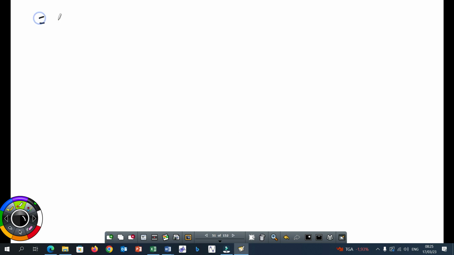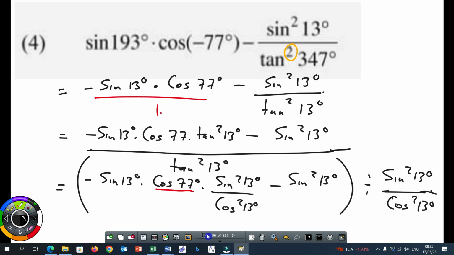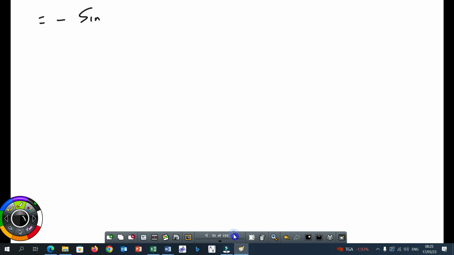So we'll end up getting minus sine, and this one here is going to become cos 13, so we end up having minus sine 13, that will be a cube now. So this will be minus sine cubed, but I'm not supposed to write that, but I need to show that I use co-ratios.